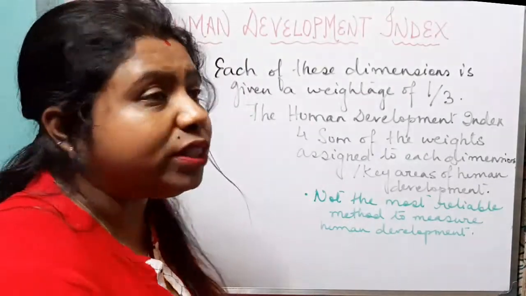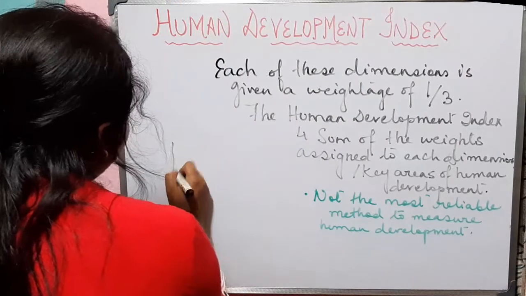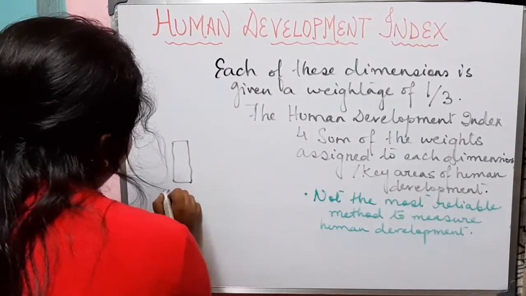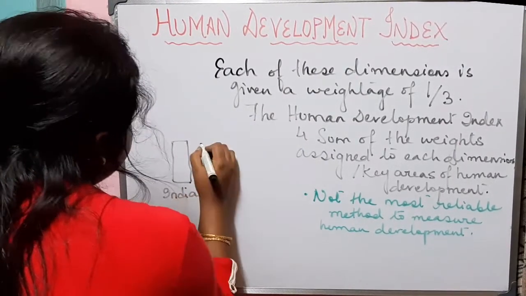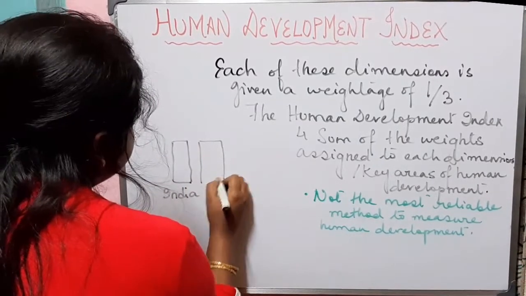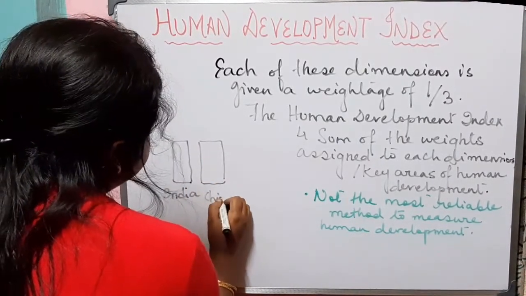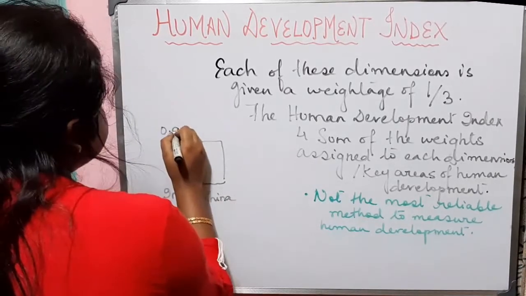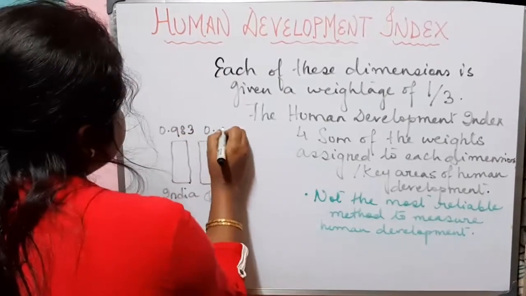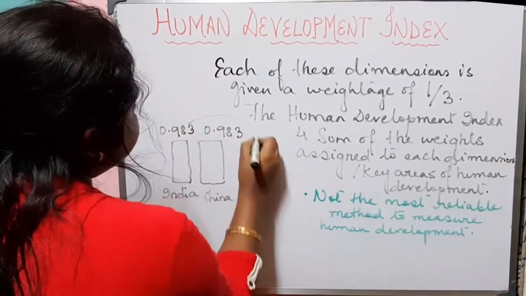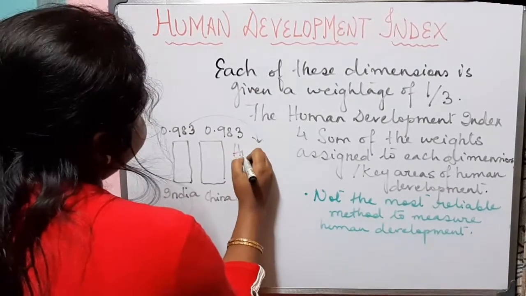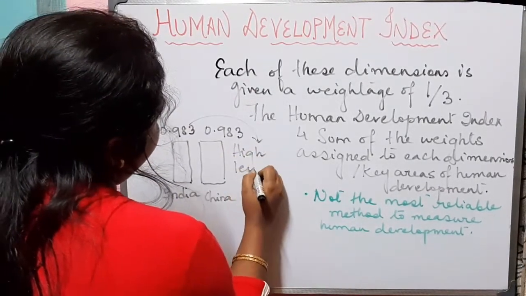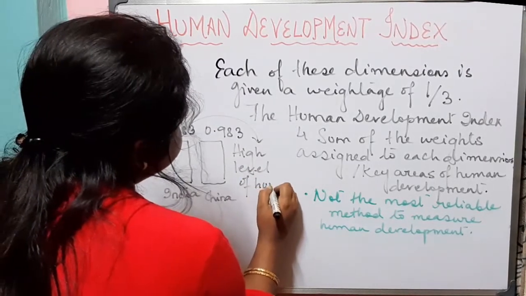Let me explain with the help of an example. Suppose there are two countries, India and China. Both of them have the same score, 0.93. Now what does it reflect? It reflects that both of them have a high level of human development.